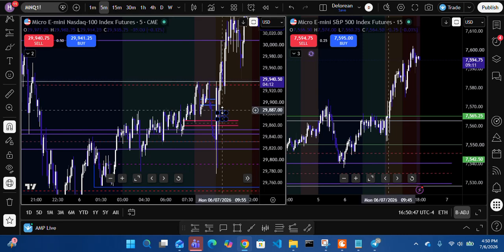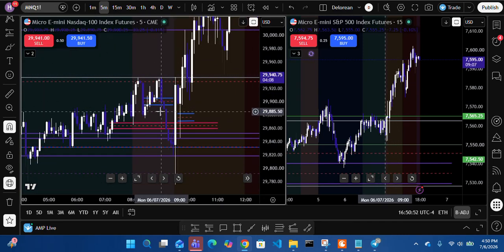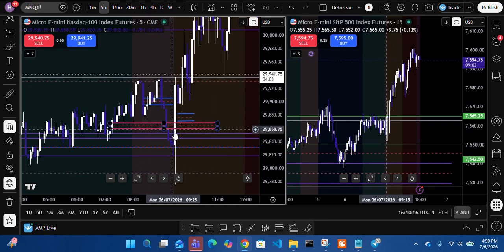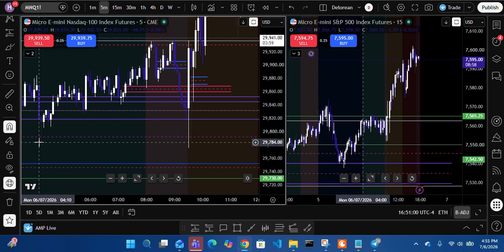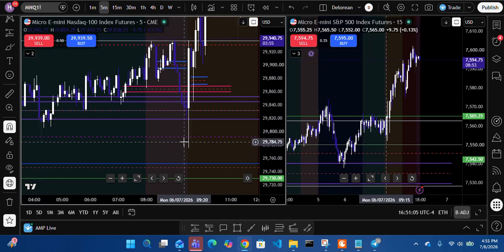Like this first setup I had pre-market, I ended up getting stopped out right here on this run lower, and then you see we swept London's low, and then we immediately reversed right after sweeping that.